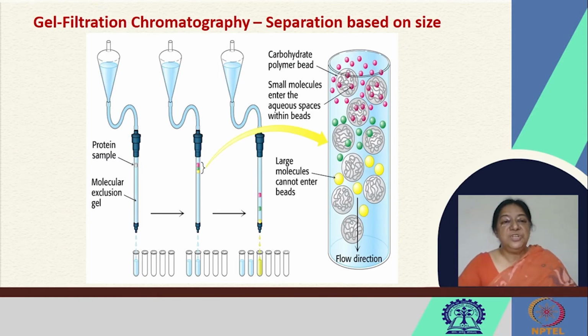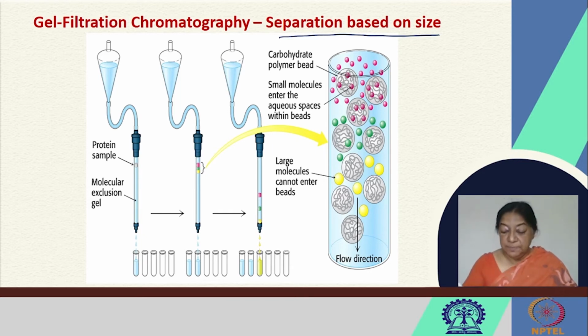So in gel filtration chromatography, we have separation based on size. So this is also called size exclusion chromatography or molecular sieve chromatography. In this case, what happens? We have a carbon polymer bead which has within it a network. In this network, the smaller molecules can enter the network.